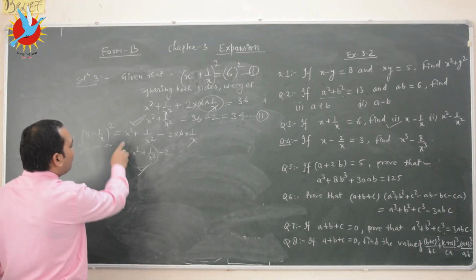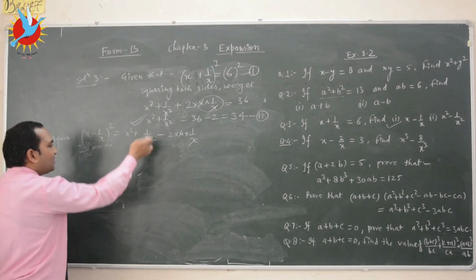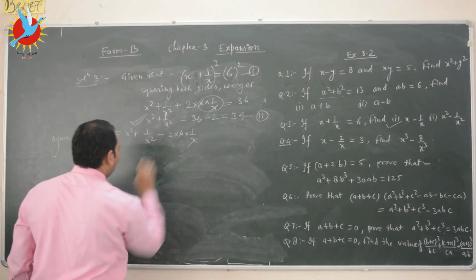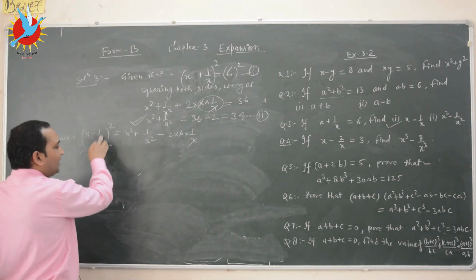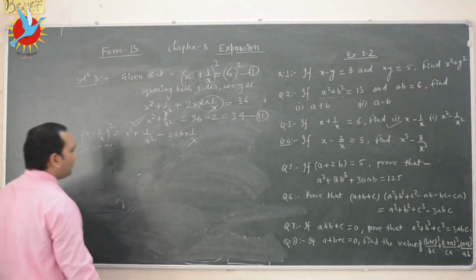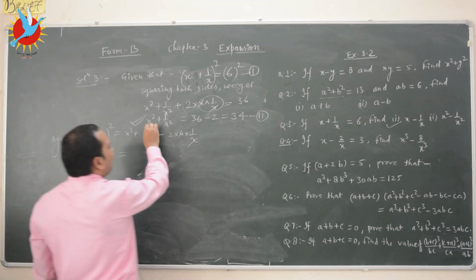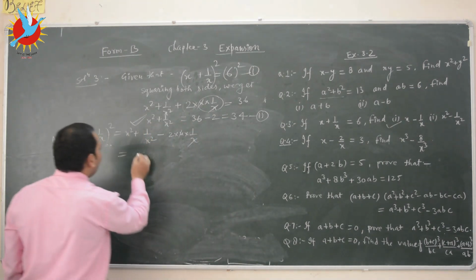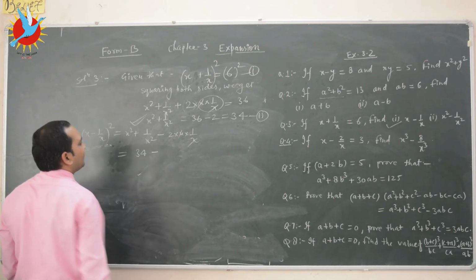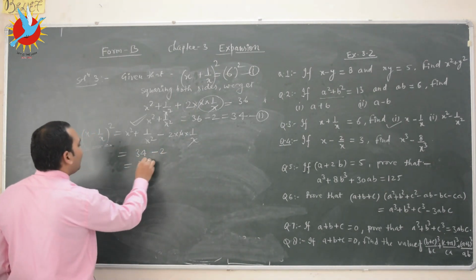Which is equal to x square, means a square plus b square minus 2ab. a is x and b is 1 upon x. So x and x both will be cancelled, and the value of x square plus 1 upon x square we already found, that is 34, minus 2, which is equal to 32.